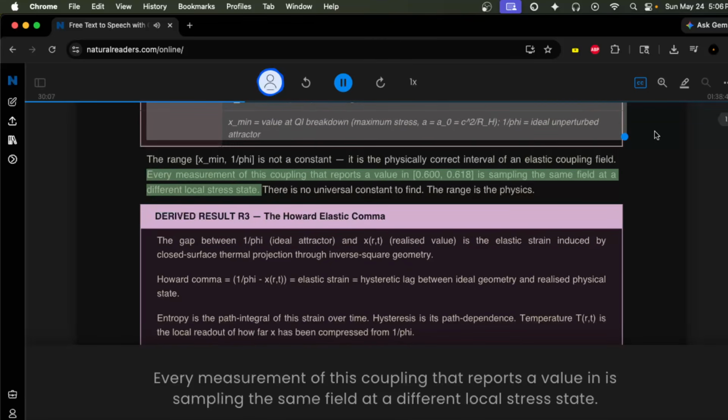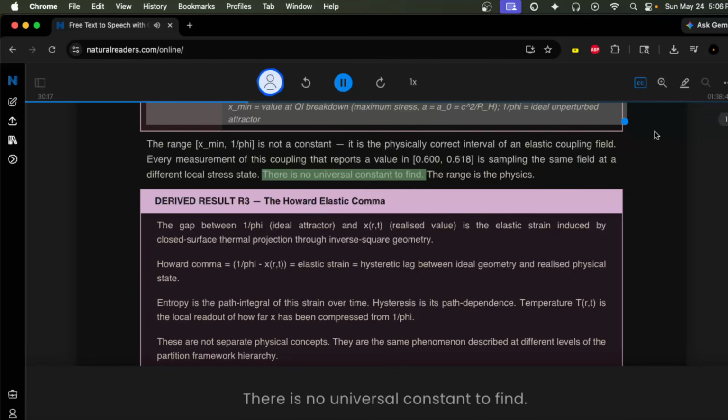Every measurement of this coupling that reports a value in this range is sampling the same field at a different local stress state. There is no universal constant to find. The range is the physics.